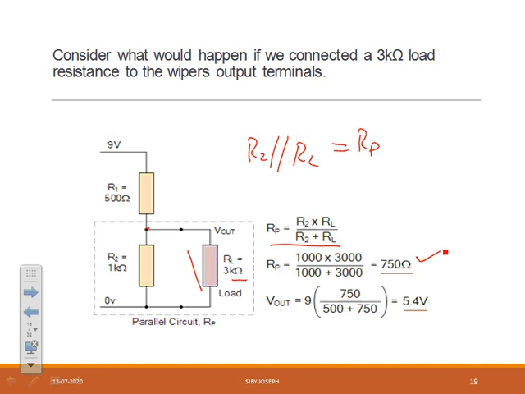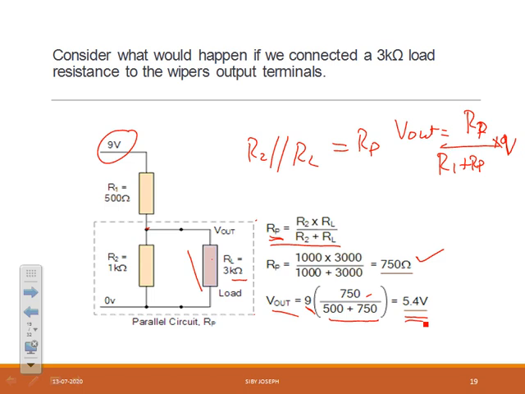Then the output voltage can be found using the voltage division rule: Vout is equal to RP divided by the total resistance of the network, R1 plus RP, into the applied voltage of 9 volt. Substituting the values, Vout is equal to 9 volt into 750 divided by 500 plus 750, which is 5.4 volt.